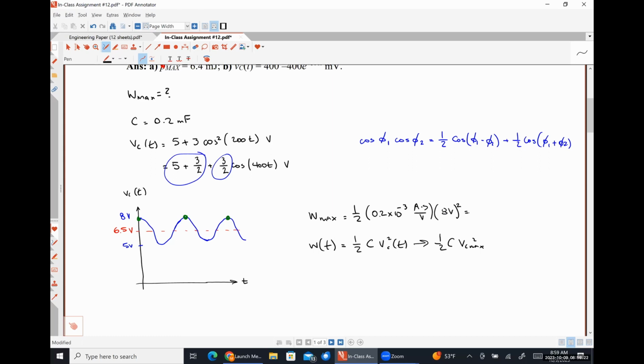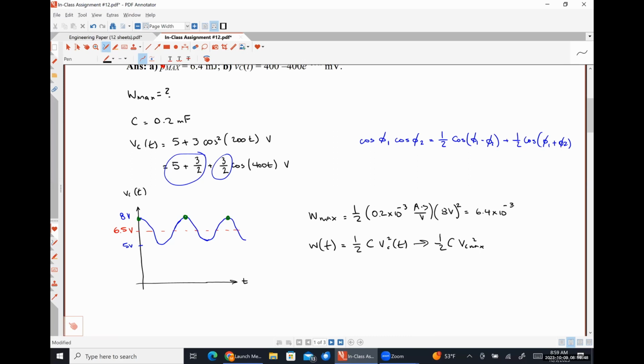Throwing that in a calculator, I'm going to have 0.5 times 0.2 times 10 to the minus 3 times 64. Looks like 6.4 times 10 to the minus 3.